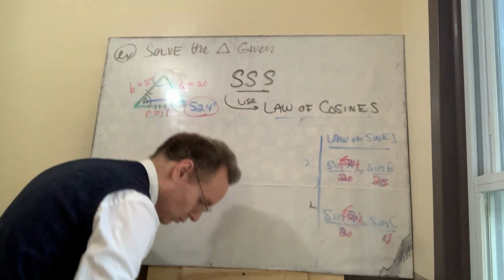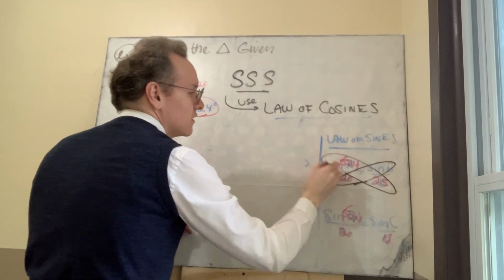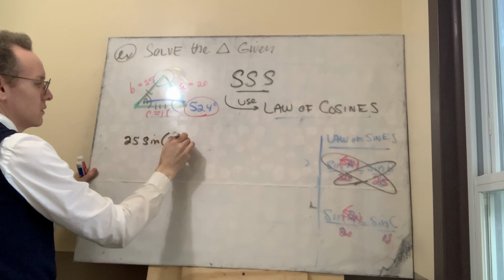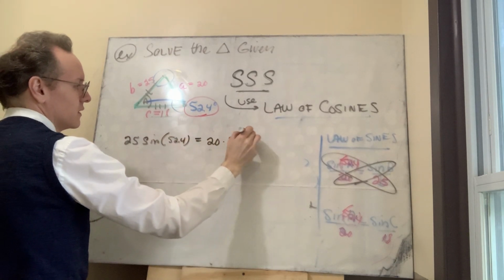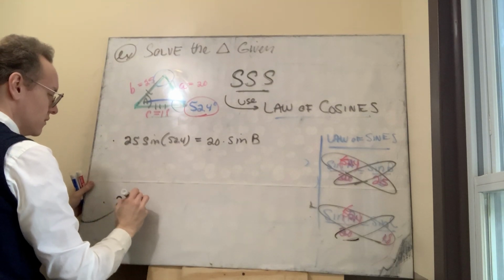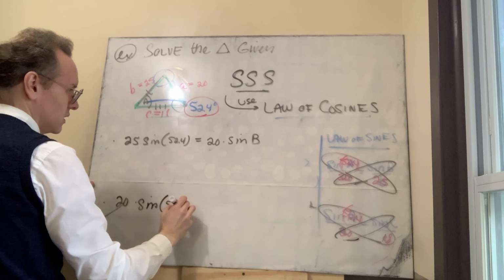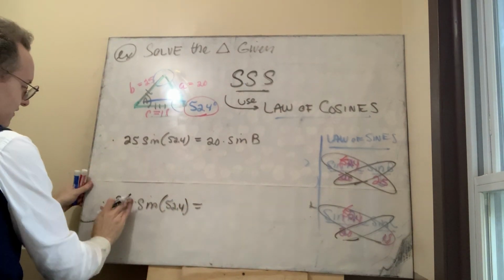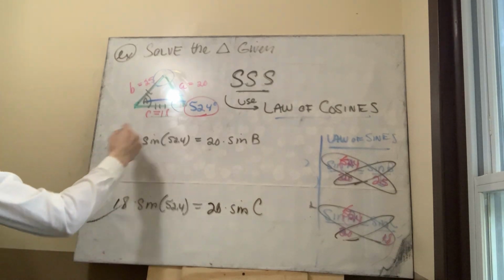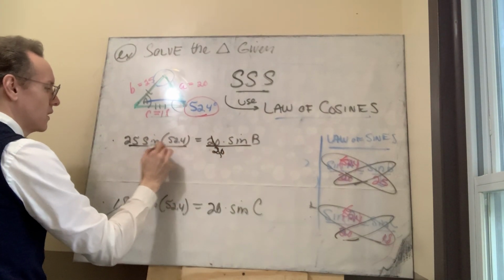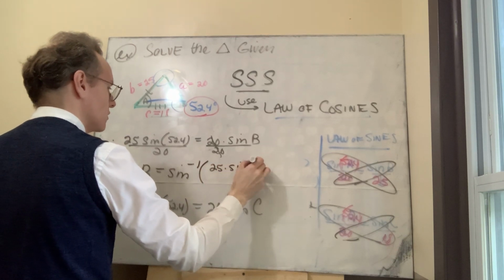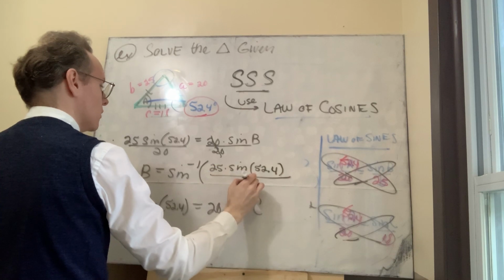This route, again, you're going to have to employ cross multiplication techniques, and it would be 25 times the sine of 52.4 is equal to 20 times the sine of B, and in the other instance, cross multiplied is 20 times the sine of 52.4 is equal to, oh, pardon me, it's 18 in this case, 20 times the sine of C. If you rearrange this, cross out 20, what you end up having to do is to use an inverse trig function using these dimensions, like so, over 20.